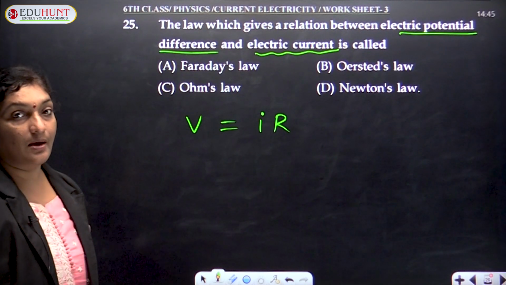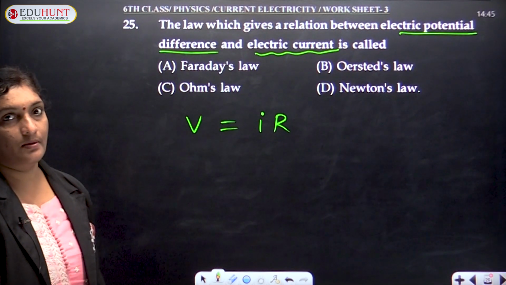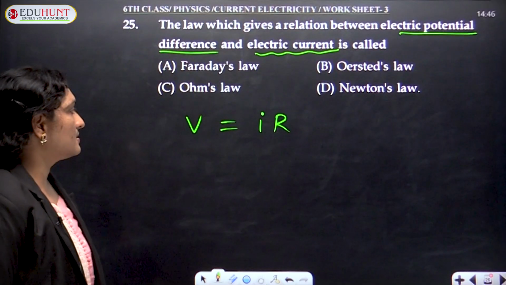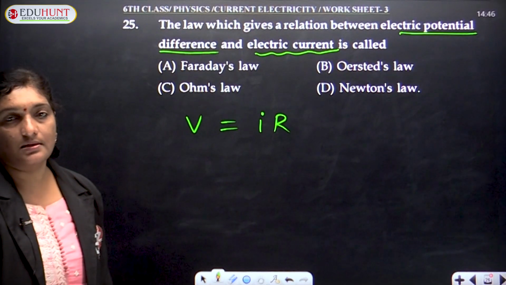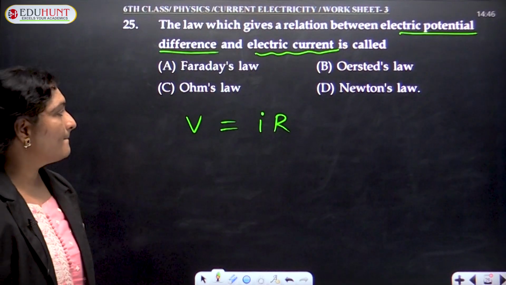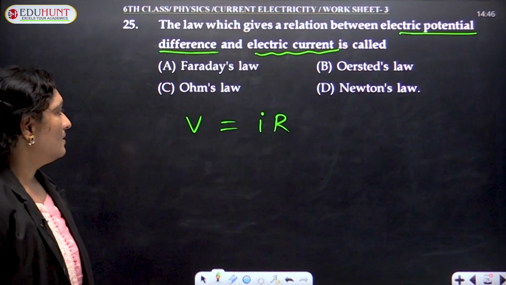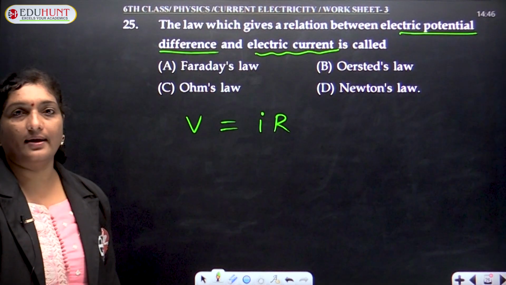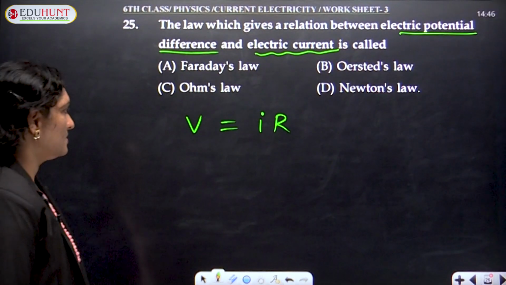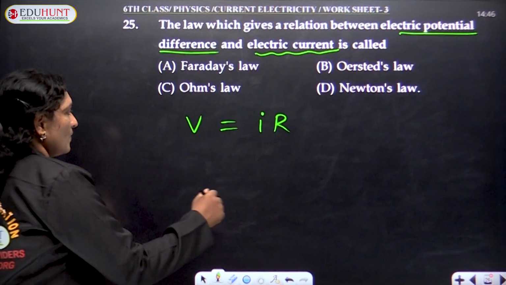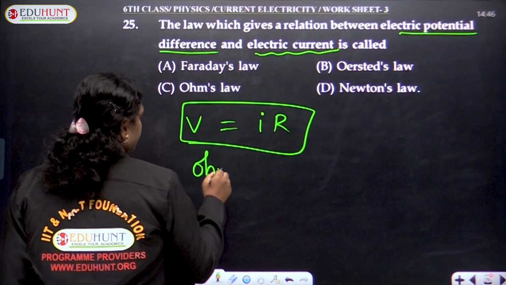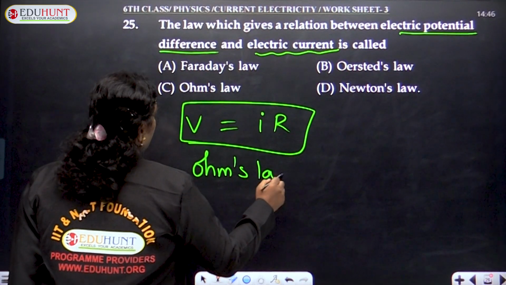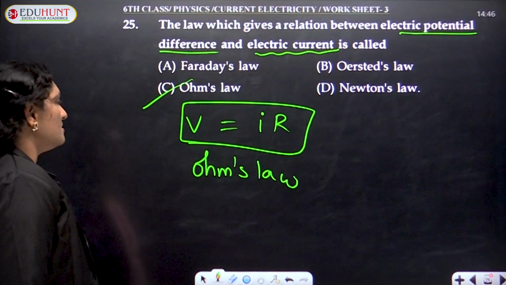This relation was obtained from Ohm's law. So, what does Ohm's law state? The potential difference across the two terminals is directly proportional to the current across the conductor. This is what they were saying. So this indicates your Ohm's law. So option C must be true.